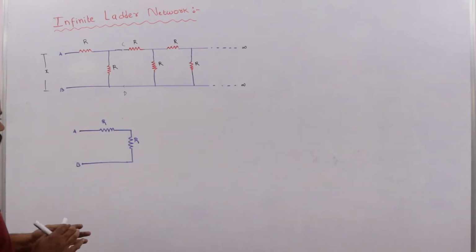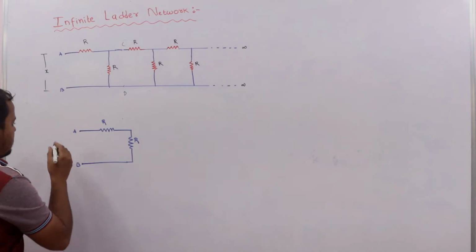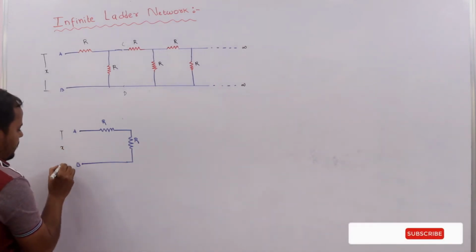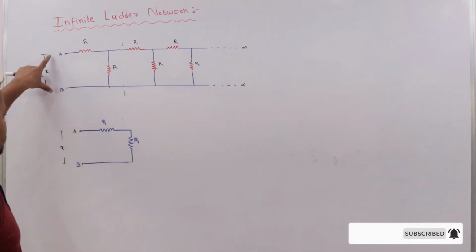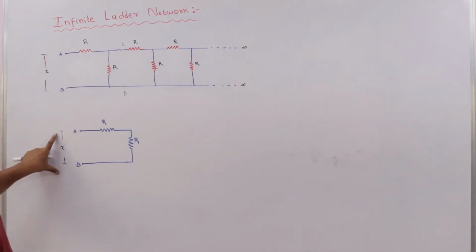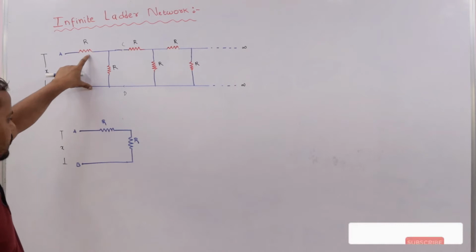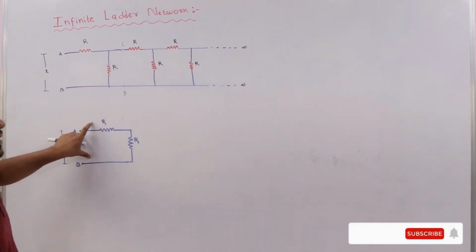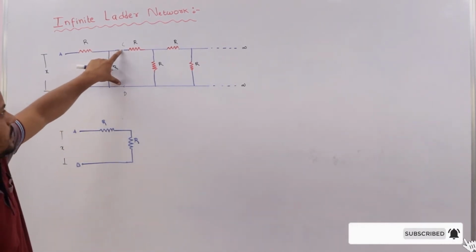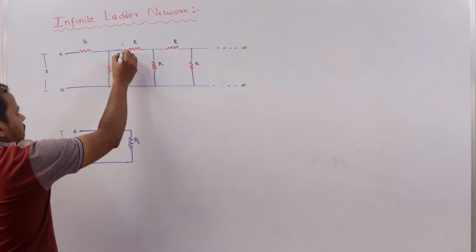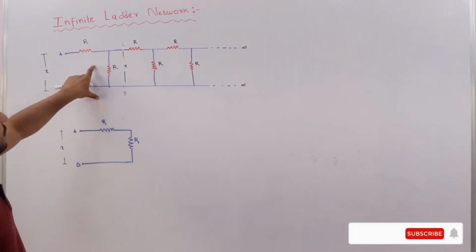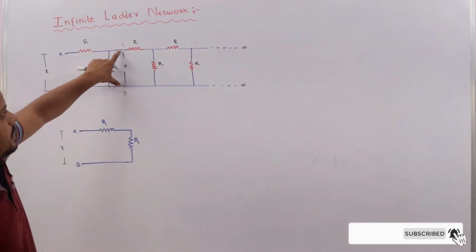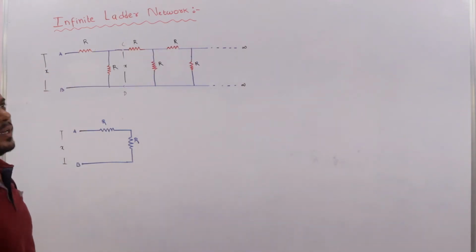Now the equivalent resistance up to A and B is X. If you remove the one cell placed here, then the equivalent resistance between C and D will also be X. Why? On removal of a single cell, the equivalent resistance of the infinite network will not change.